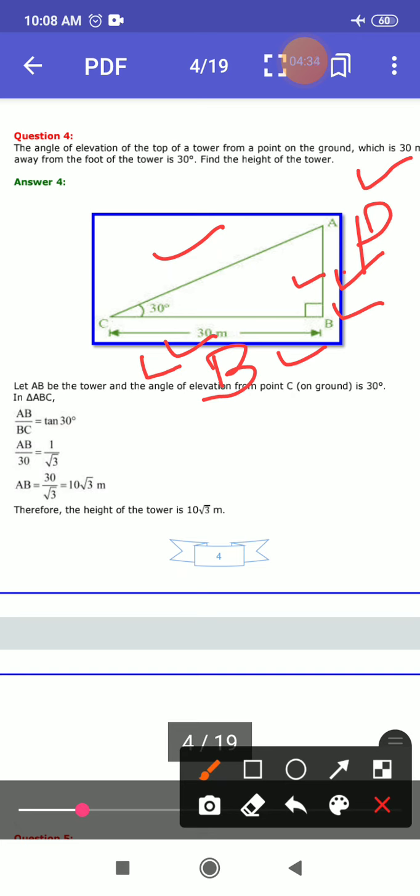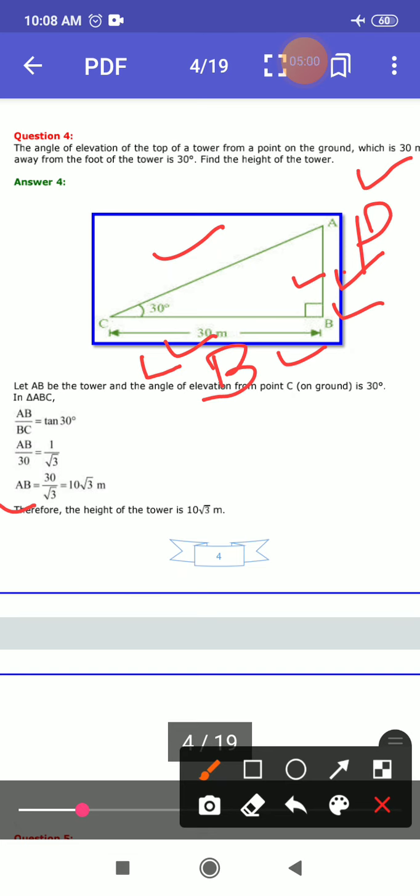Clear? So AB upon 30 is equal to, what is the value of tan 30? Tan 30 value is 1 upon under root 3. Then you put the value 1 upon under root 3. So AB upon 30 is equal to 1 upon under root 3, and then you do cross multiplication and find AB. AB is equal to 30 upon under root 3, and rationalize it.